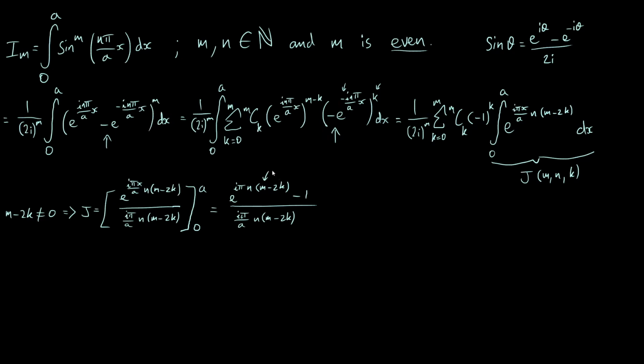So m is even, so we take that even number, right, and then we subtract off 2k, but 2k is also an even number because it has a factor of 2, right? So m is even, but 2k is also even simply because it has a factor of 2. Now if we subtract 2 even numbers, we get another even number, and regardless of n, right, n could be even or odd, but if we take any integer and multiply it by an even number, we get another even number.